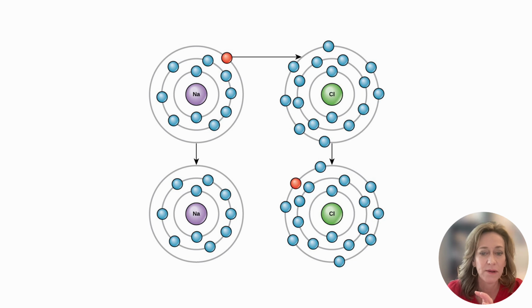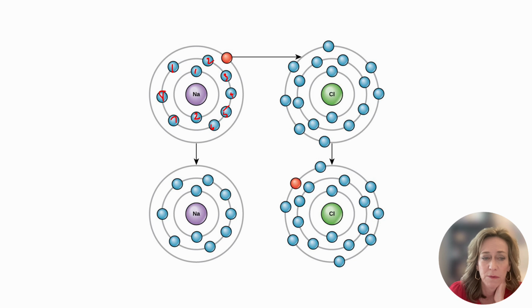Now we have a little illustration to show us the electrons in their shells around sodium and around chlorine and the transfer. If we look at sodium, we have 2 electrons in that first energy shell, and 8 electrons in the second shell.